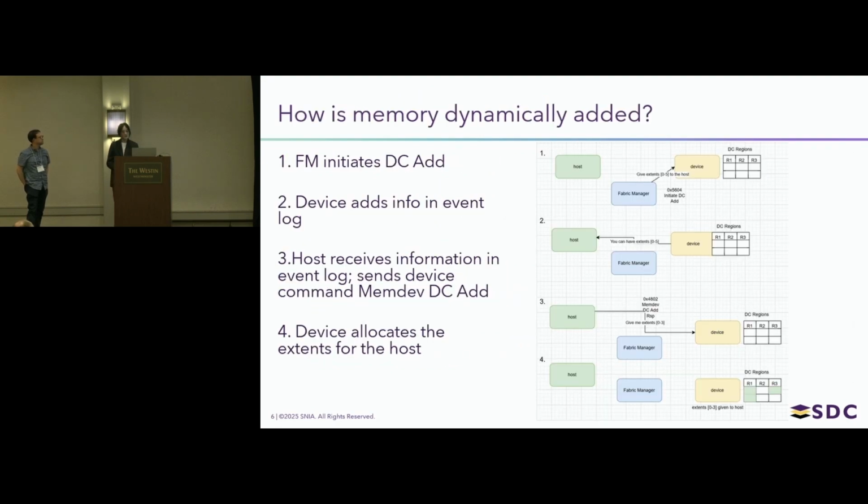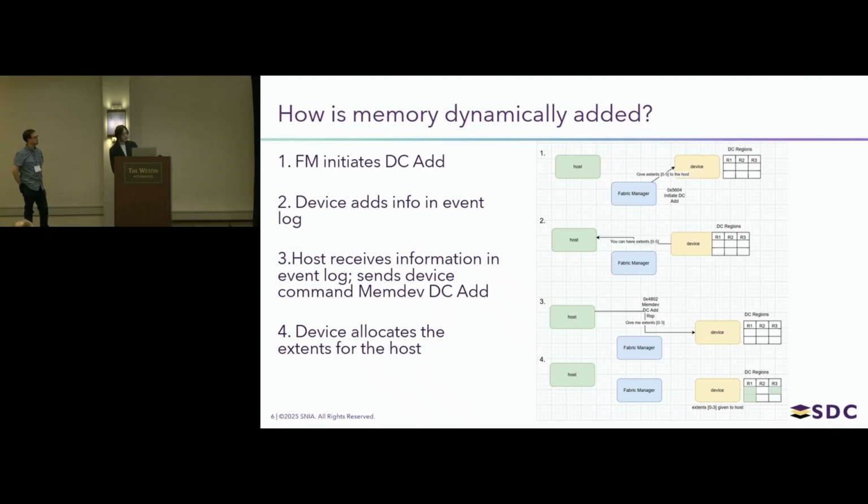Okay. So as promised, I'll talk in more detail about how the Fabric Manager, host, and device interact. So specifically, I'll explain how memory is dynamically allocated. And this begins with the Fabric Manager, which initiates the process by sending the FM API add command to the device, telling it to make some extents available to the host.